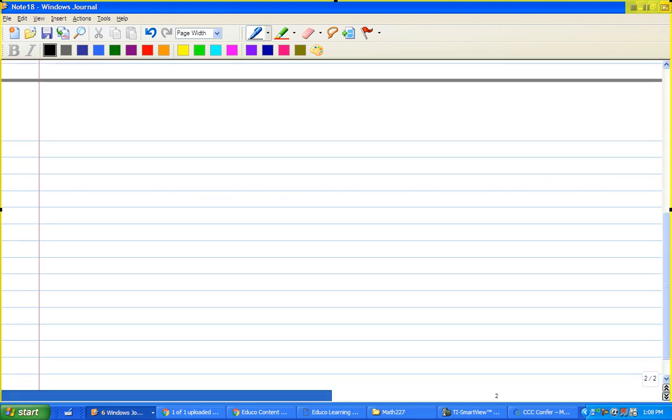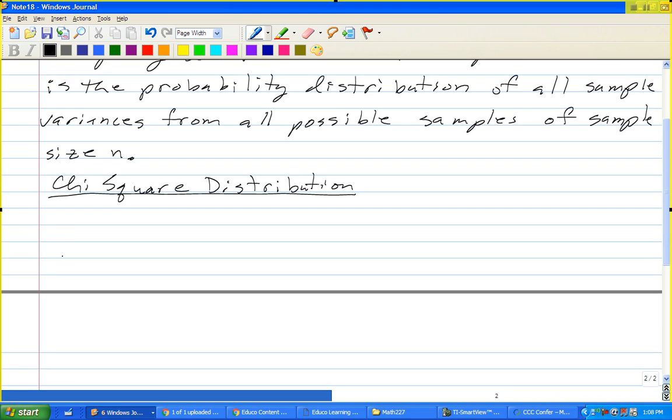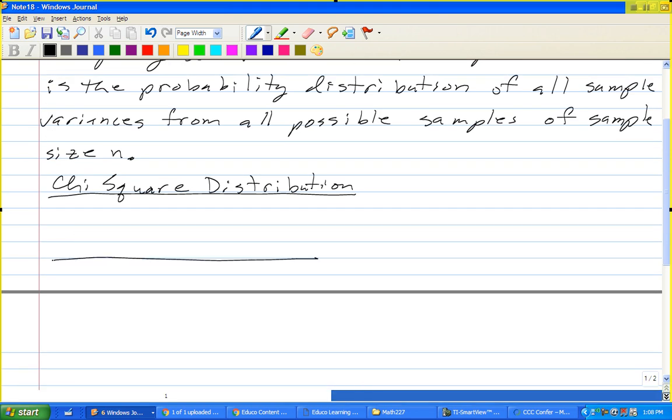The chi-square distribution is not going to be symmetric. It's going to be positively skewed. And that's the symbol, the Greek letter chi with an exponent of 2, so it's a chi-square distribution. The distribution will depend on the degrees of freedom.